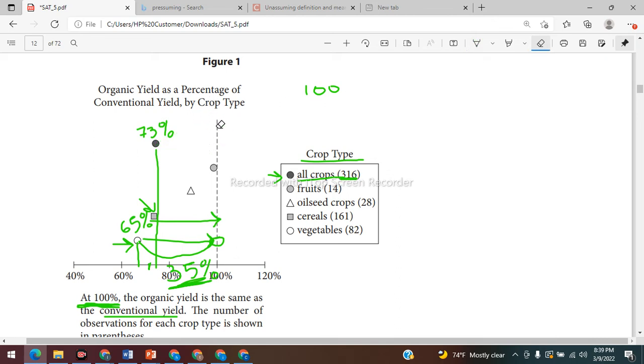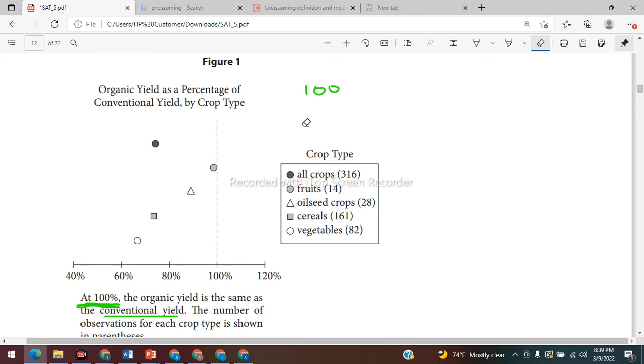Okay. Okay, so the idea is the following, right? We're trying to compare how much more conventional farming yields as compared to organic farming. So what we're trying to say is that if we look at this 100, right?